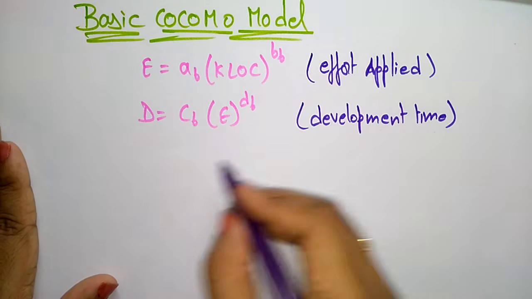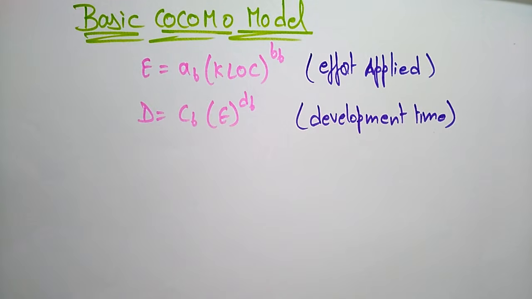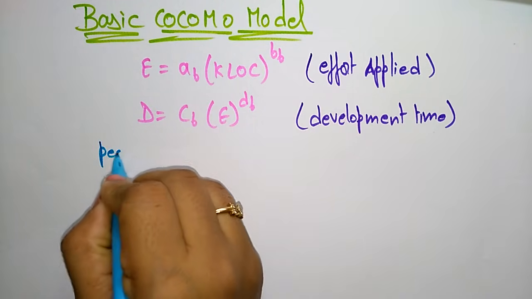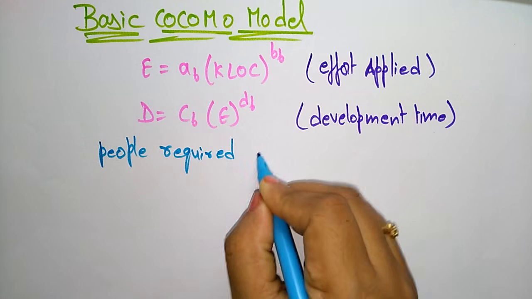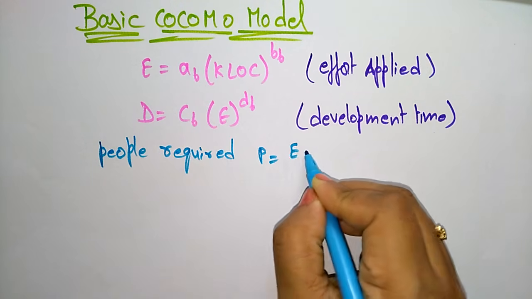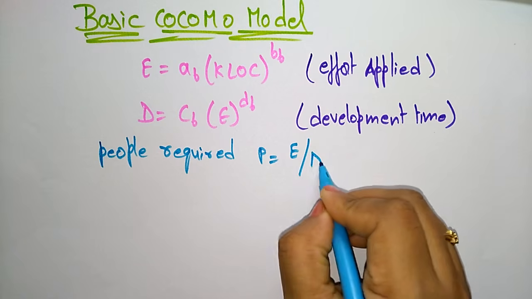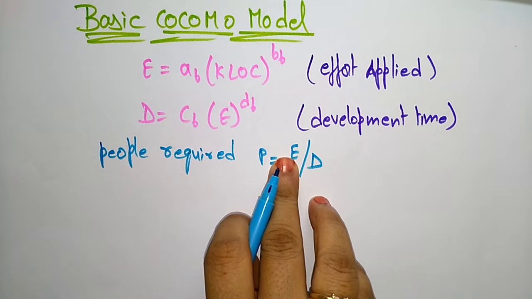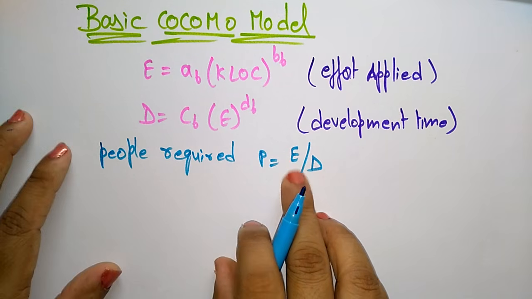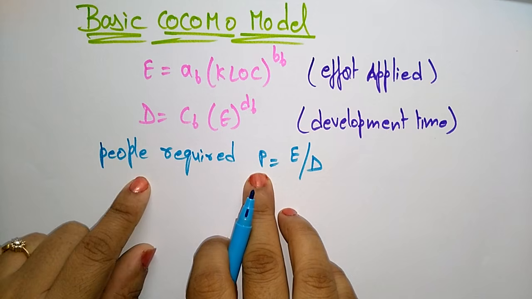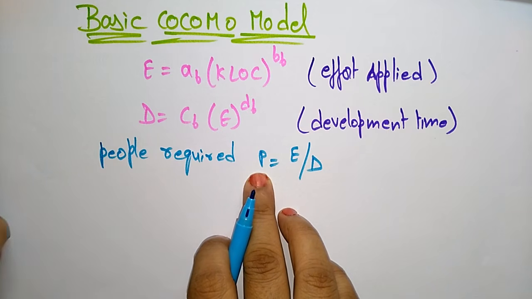Here the people required, P, is equal to effort applied divided by development time. If you know the effort applied on the project and the development time, then you can get how many people are required to develop a product.